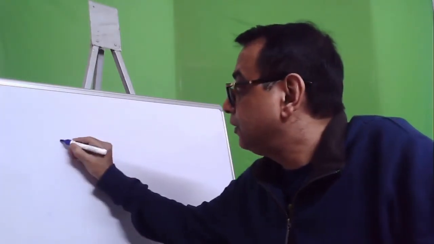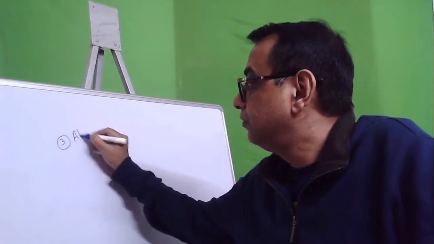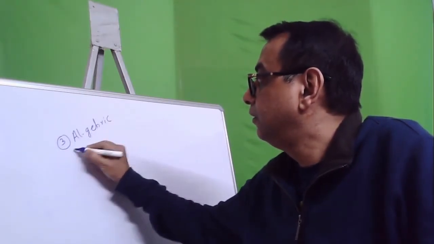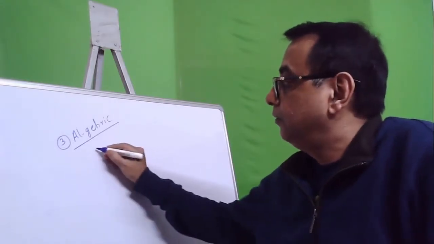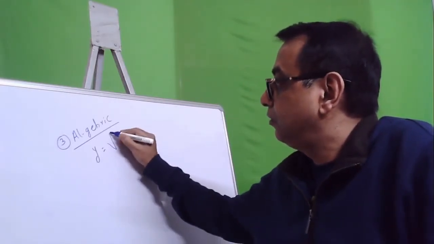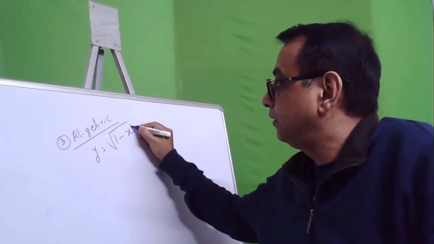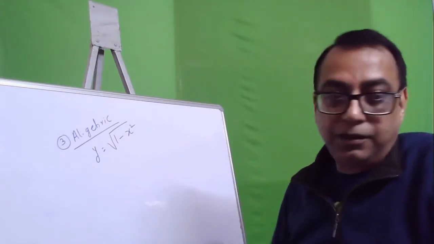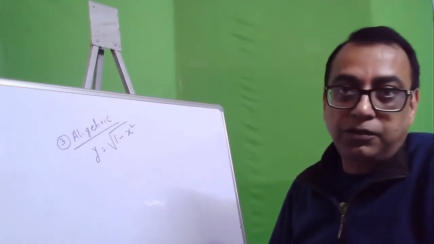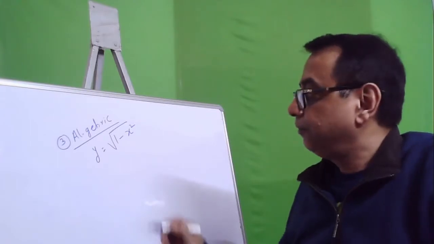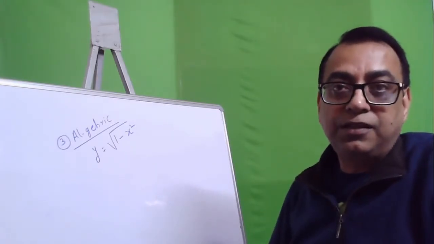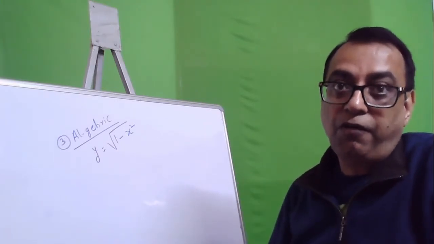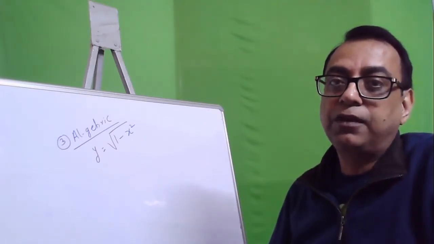Third kind of function is called algebraic function, which we have shown earlier, y is equal to root over 1 minus x square. This is one algebraic function. There is one algebraic function which is very interesting. You know Einstein's theory of relativity, where the mass of an object is a function of the velocity.